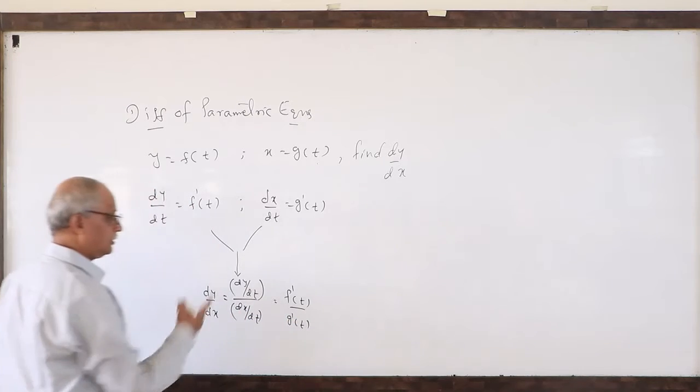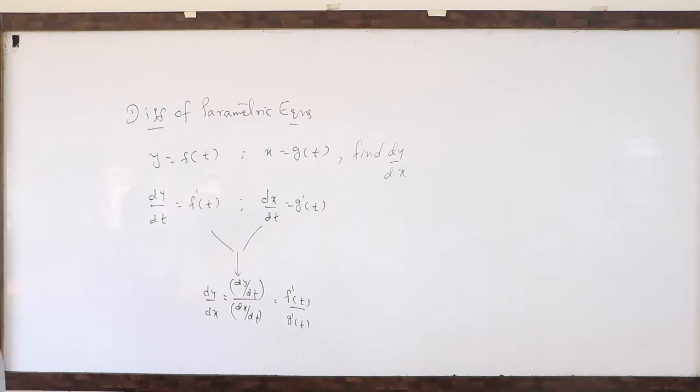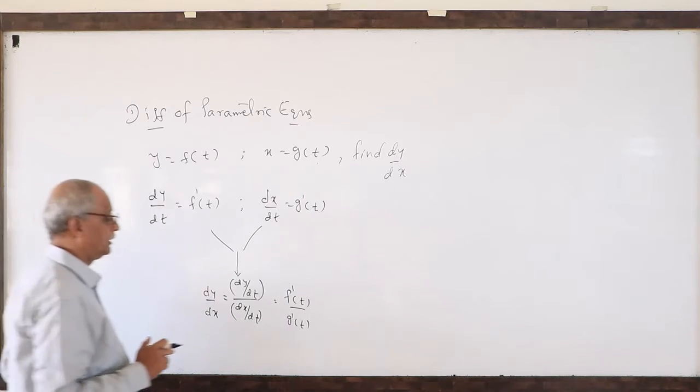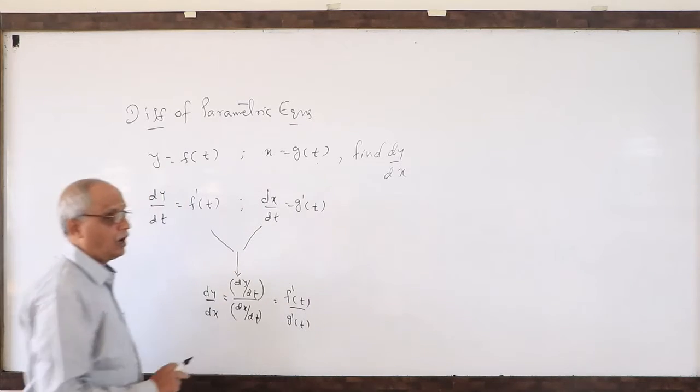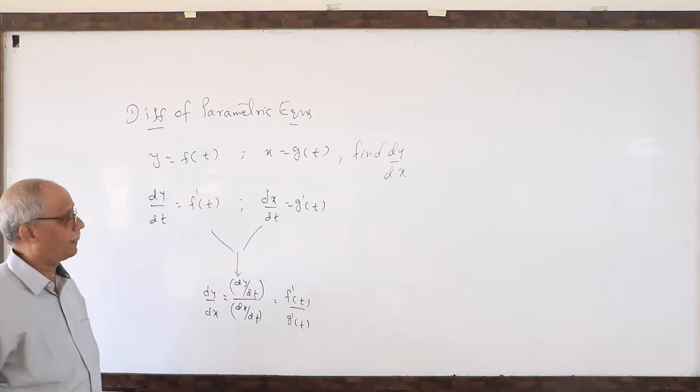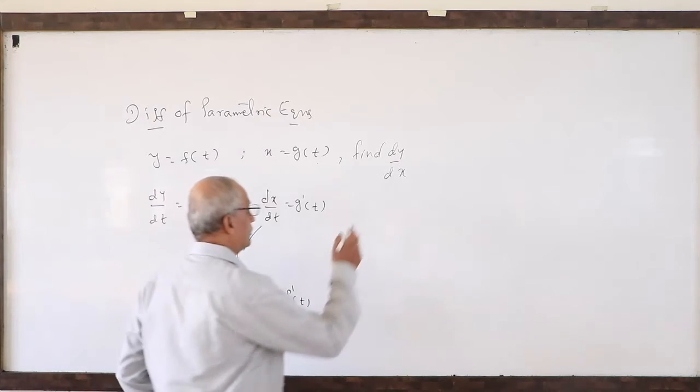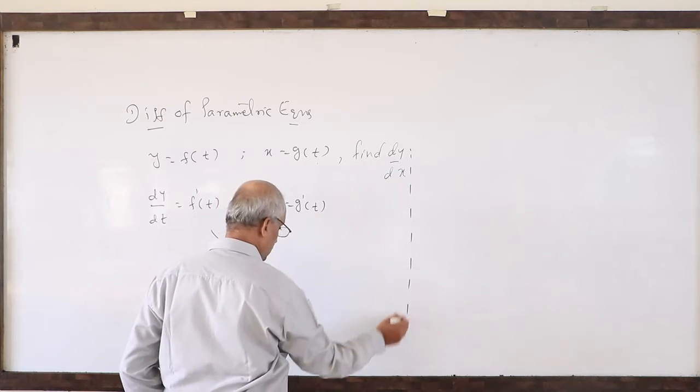This process is called differentiation of parametric equations. But the danger is that sometimes answers will be in terms of t or in terms of x and y. Therefore, according to the options also you have to give the answers.